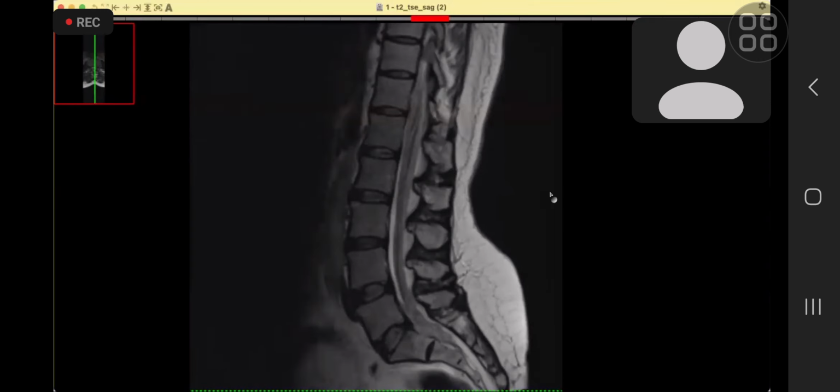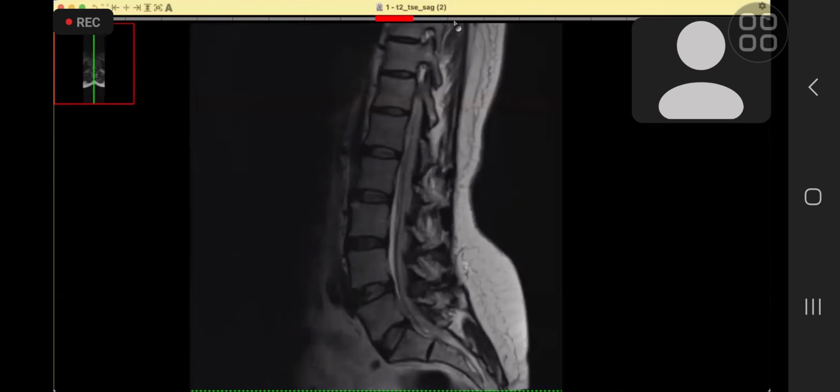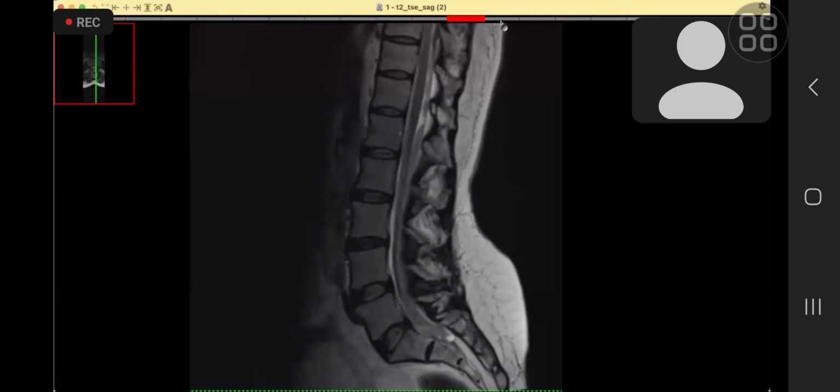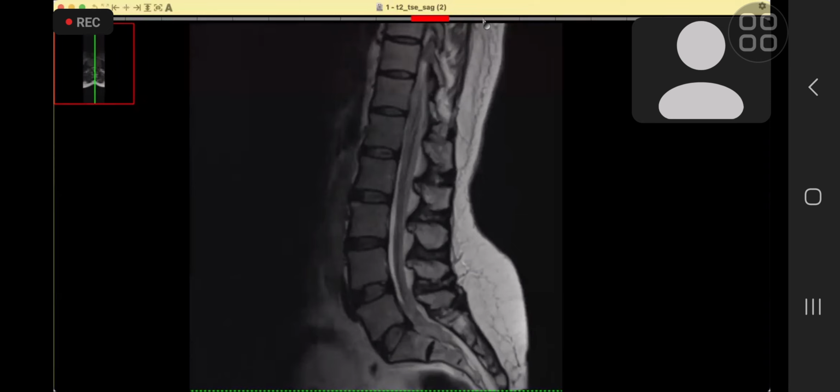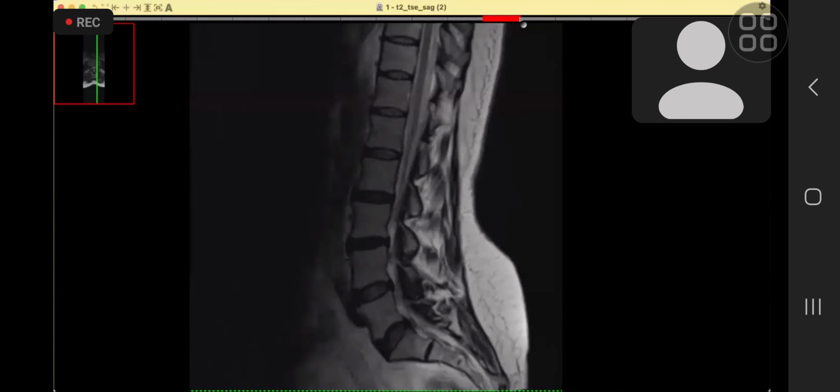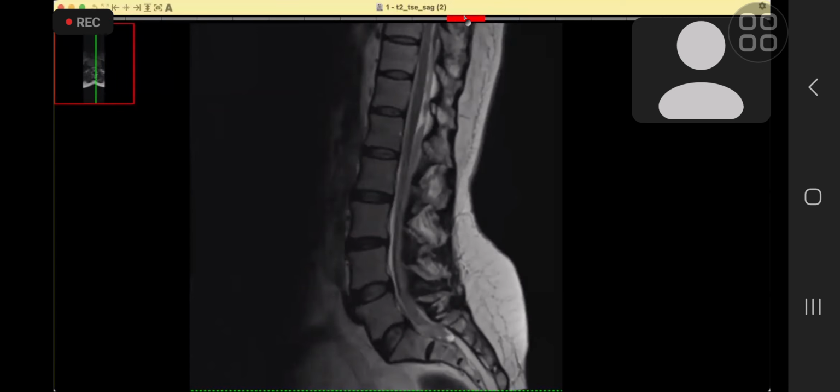At the inferior region, at the level of L5-S1, there is more diffuse involvement, which likely involves the nerve roots at this level. The cord itself, as far as I can see, returns a normal signal throughout, and there's no other abnormality that I can see.